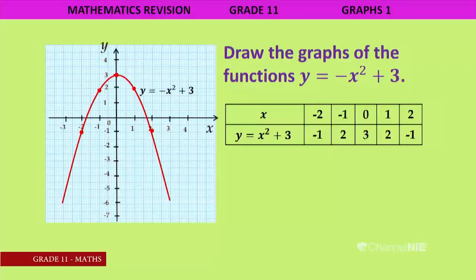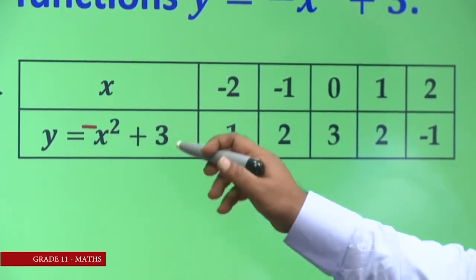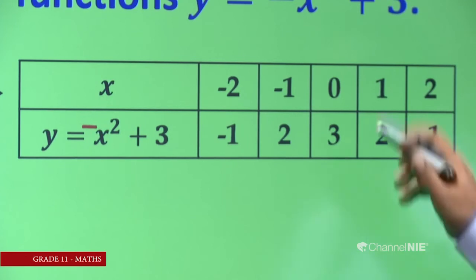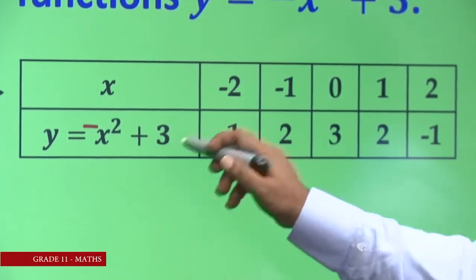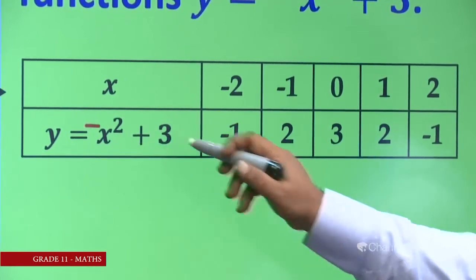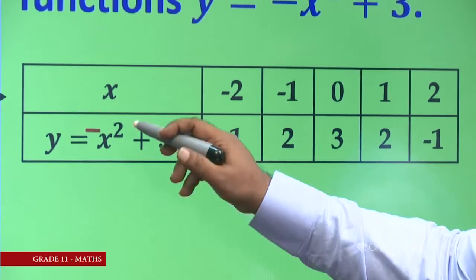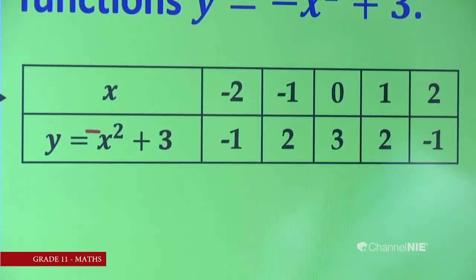Then minus 4 plus 3 is minus 1. Minus 1 squared is 1, minus 1 plus 3 is 2. 0 squared is 0, plus 3. Here 1, 1 squared means minus 1 plus 3, which is 2. Here 2, 2 squared is 4.